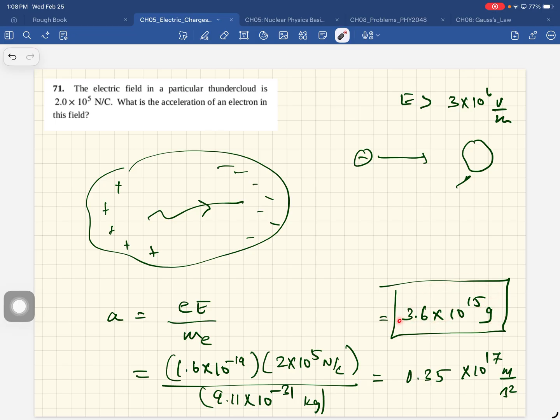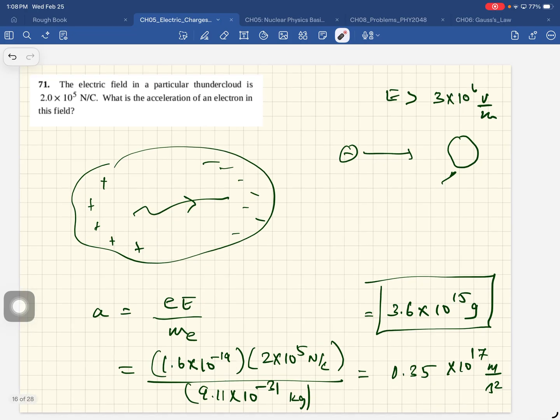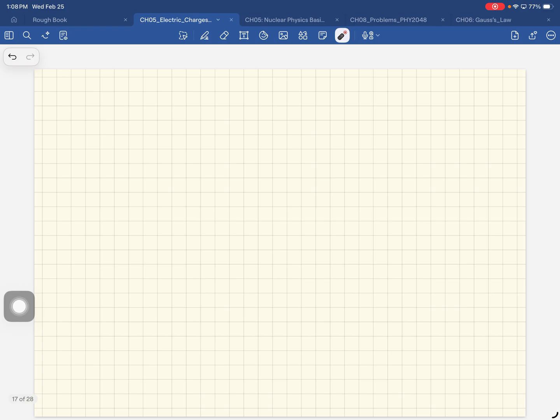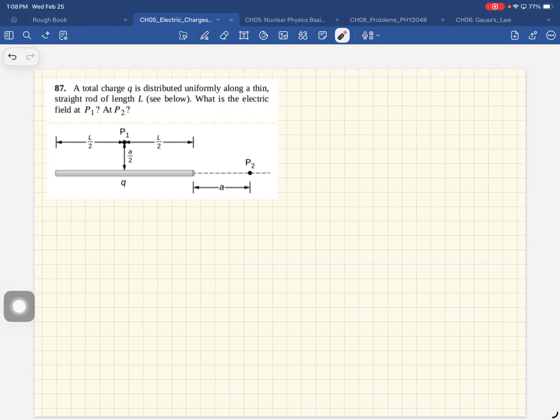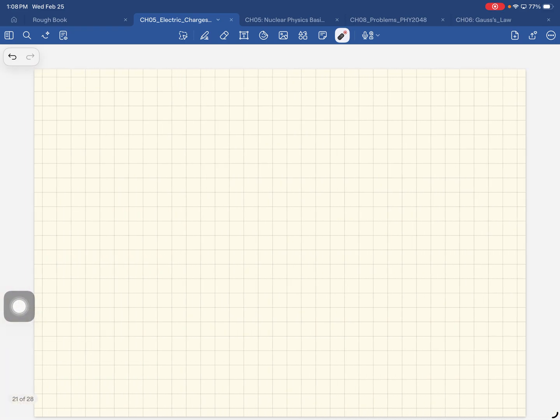Now, part B, we'll calculate the electric field at point P2. This is distance A, this is L, and we'll set our x-axis like that. Let's say this is dx, this is x.